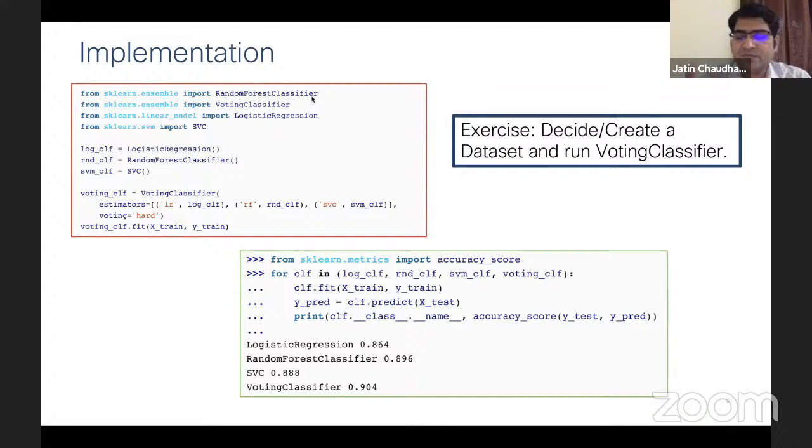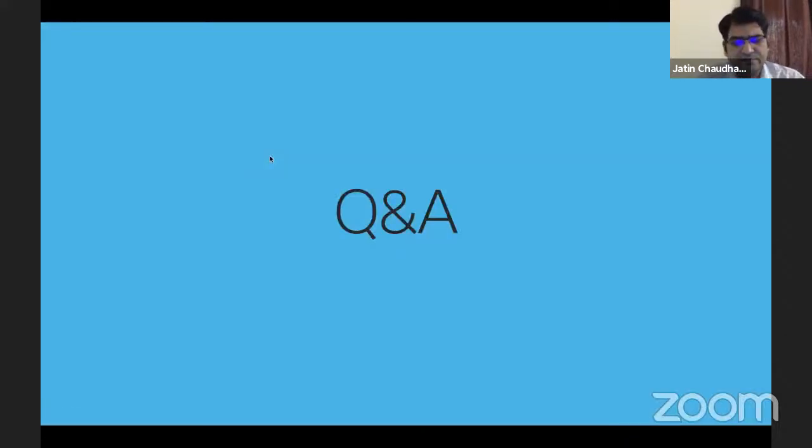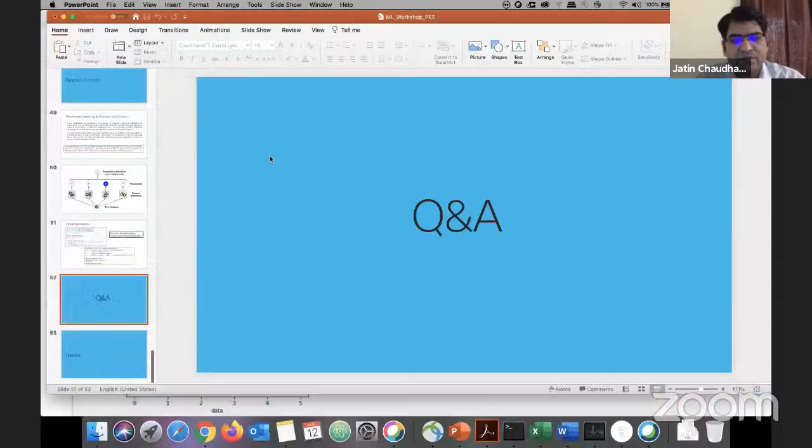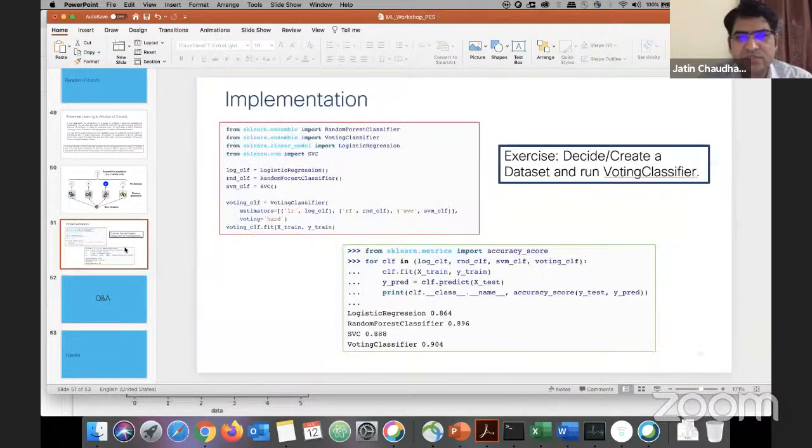So this is your take-home activity for today. In the next class, I will show you the code for random forest classifier and voting classifier if there are questions about it. So we've come to an end of today's session. For the next 2 to 5 minutes, I will take a few questions if there are.